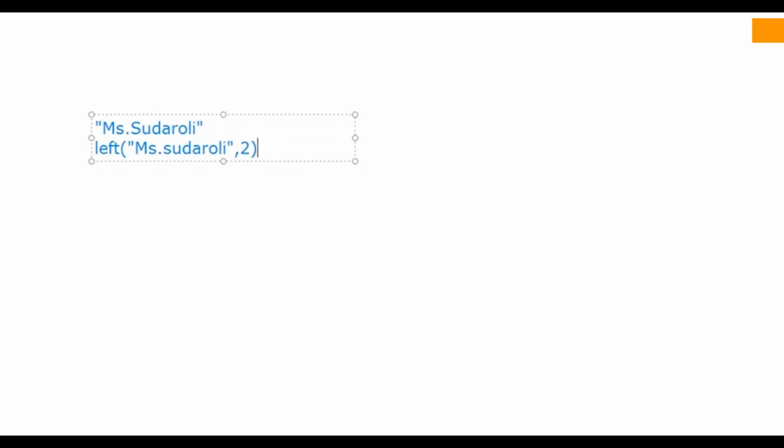So the length of your substring is going to be 2. So you get MS as the substring. Similarly, if you use right, it will start from the end, and LI is the substring that you might be getting. Okay, so this is one way you can make use of your string.